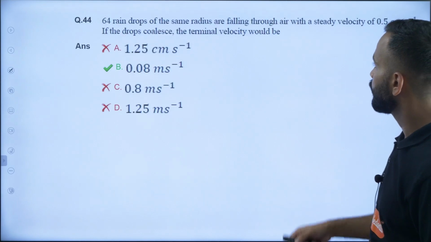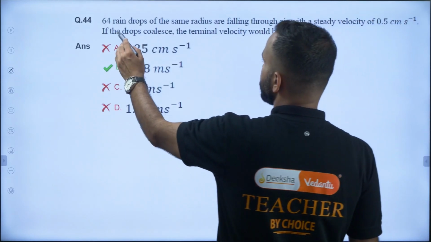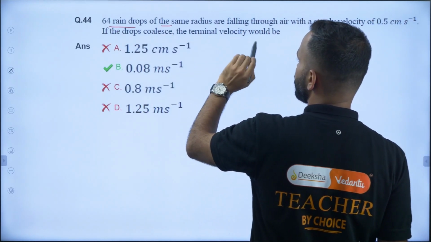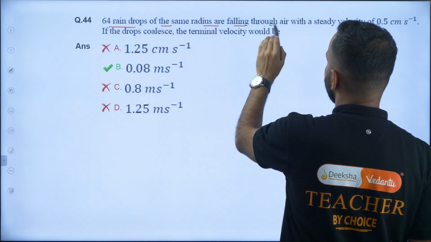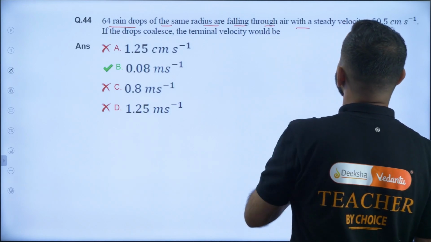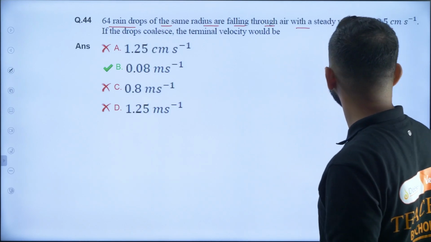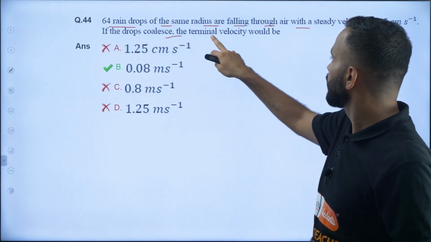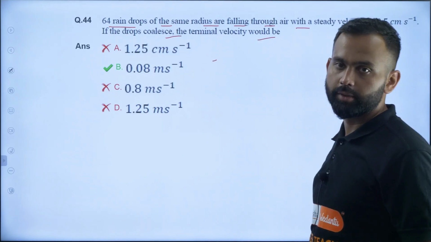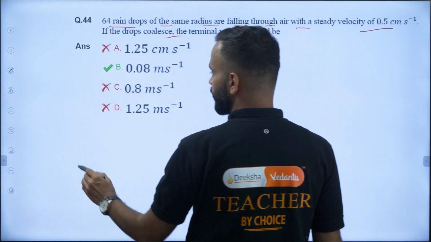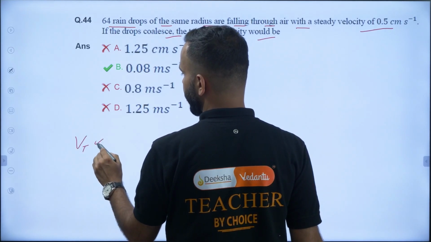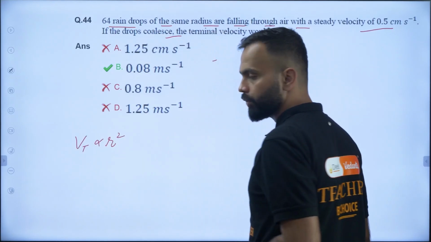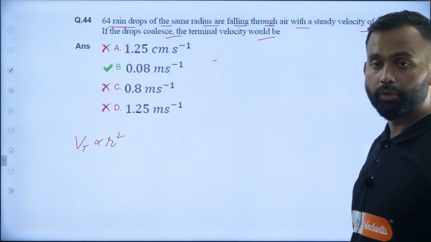Okay, question number 44. 64 raindrops of the same radius are falling through air with a steady velocity of 0.5 meter per second. If the drops coalesce, the terminal velocity would be? The simple one, right? We know that the terminal velocity Vt is directly proportional to the square of the radius of the drop.